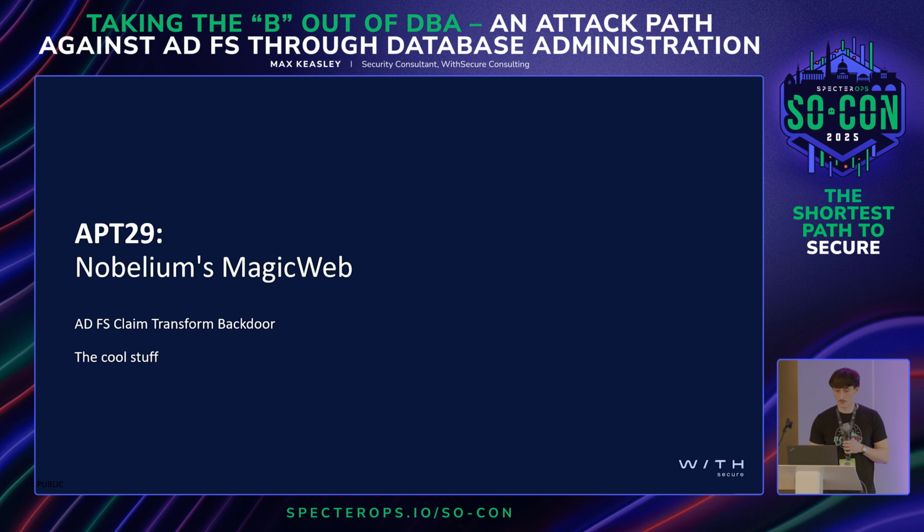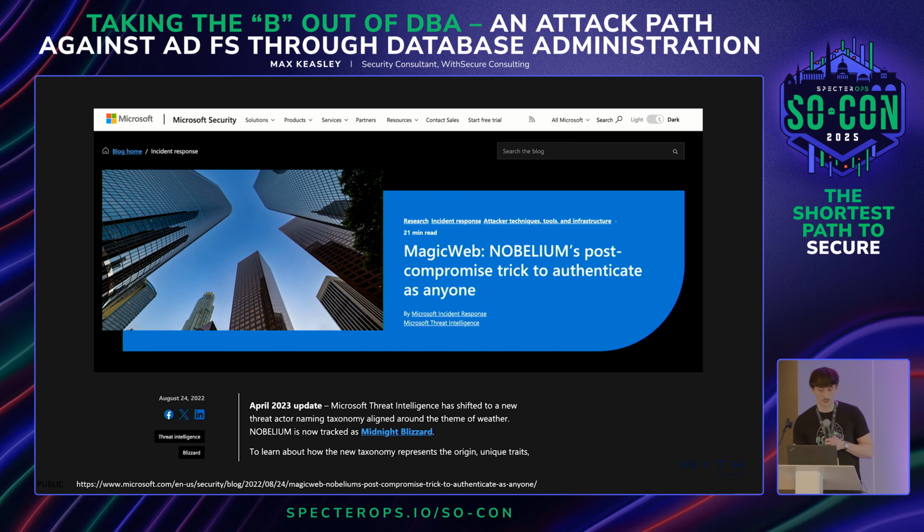Yep, cool. This leads us on to a piece of pretty cool tradecraft called MagicWeb, which inspired the name of the technique that I developed. This wasn't related to SolarigGate or FoggyWeb, however, it was discovered around the same time. This was an ADFS claim transform backdoor. I highly suggest reading this blog post if you want the nitty gritty details about it.